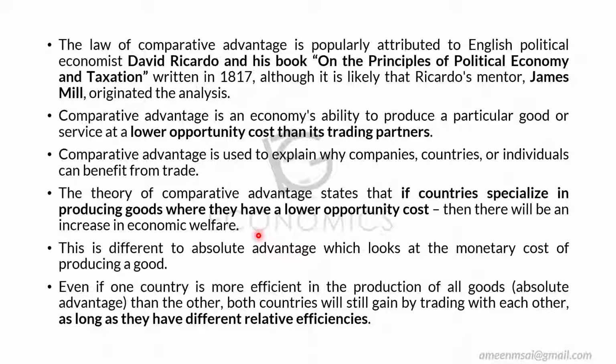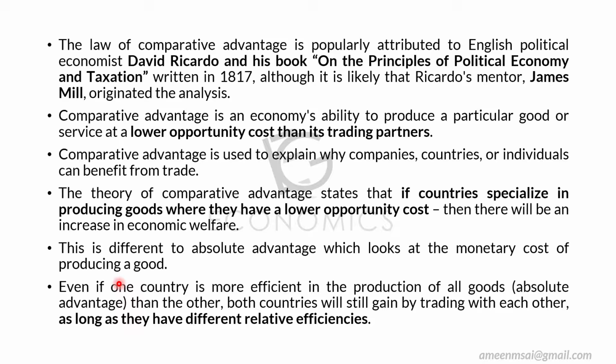They should specialize in the production of a good or service in which they have a lower opportunity cost. This is different to absolute advantage, which looks at the monetary cost of producing a good.